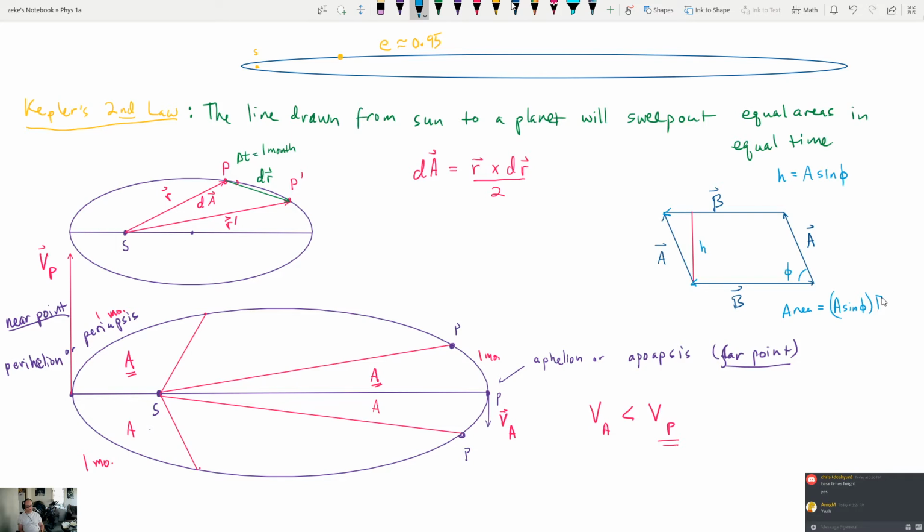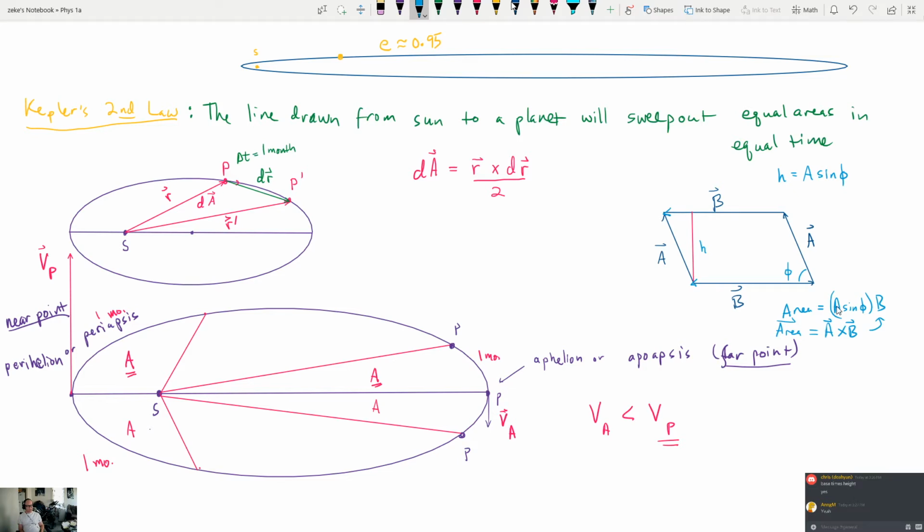Or the other way we could have found the area, which would have given us the same answer, would have just been to do A cross B. And that would actually give us a vector direction for the area. Would you all agree that you get the same answer? If you do A cross B, you basically get A times B times the sine of phi. So it's the same thing, right?